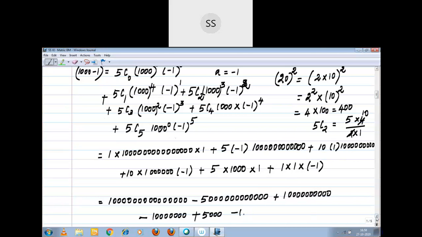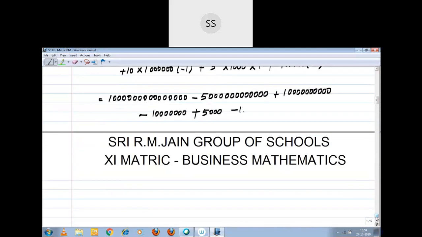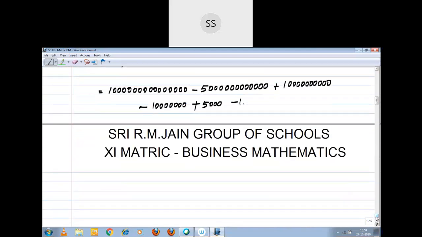Minus, here 6 zeros, just you are going to add one more zero in that format. 3, 4, 5, 6, 7 plus 5000 minus 1. Now we are going to subtract, right? Addition is also there, subtraction is also there.